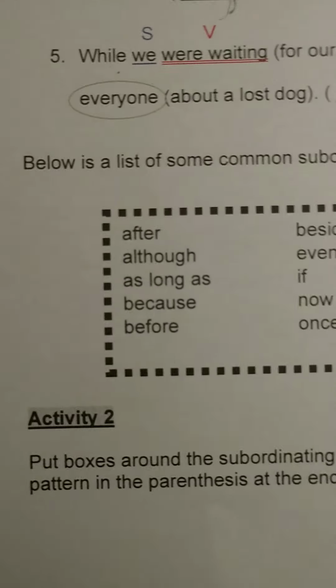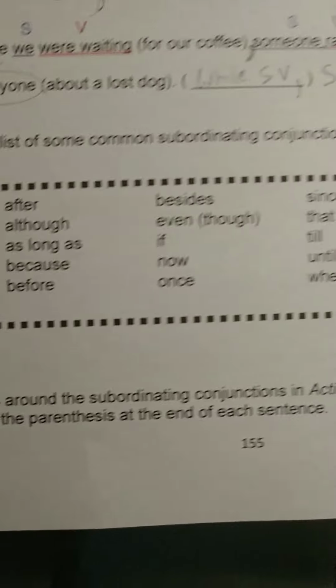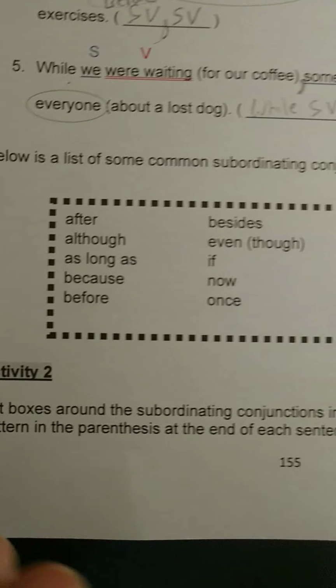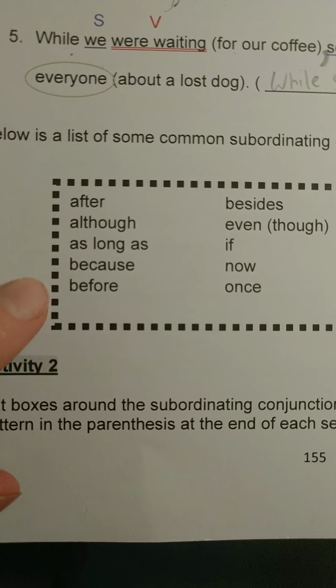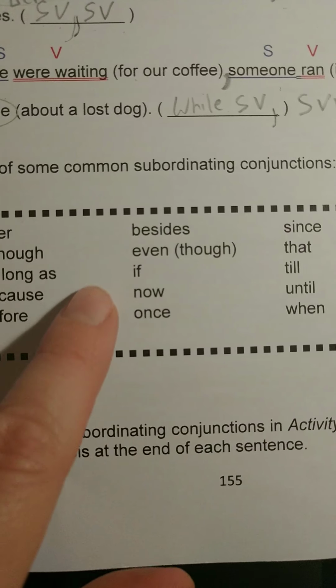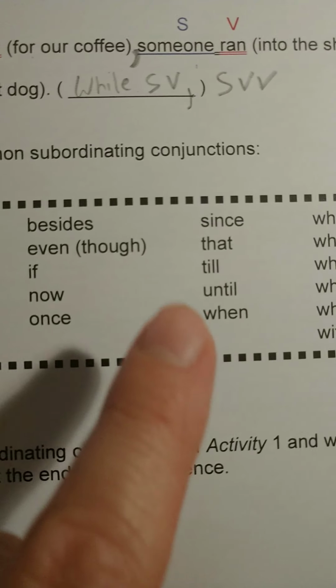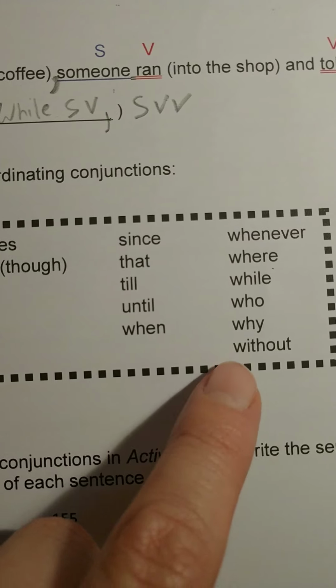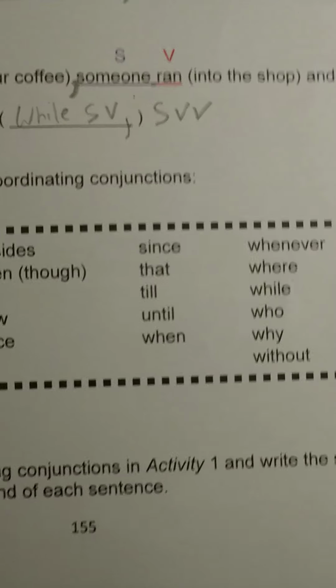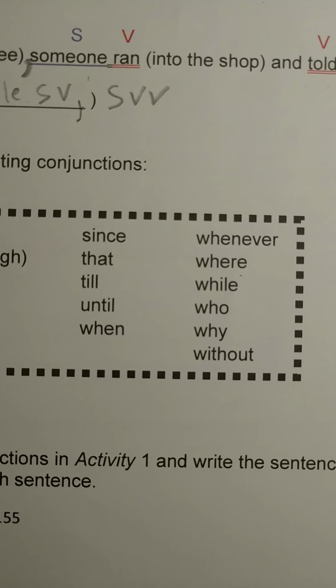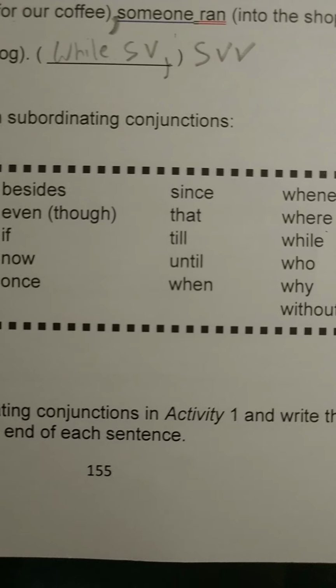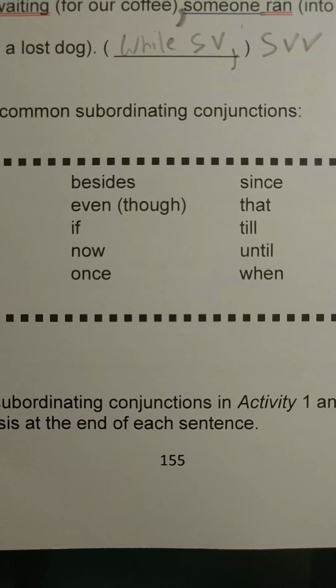All right, so here is a list of some common subordinating conjunctions. Go through this list by yourself, and what I want you to do is circle anything that perhaps you don't understand or you don't know how to use.